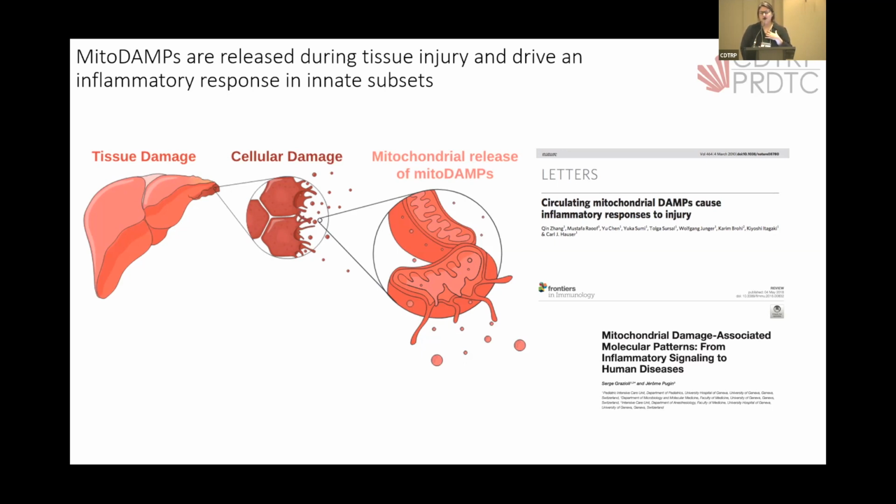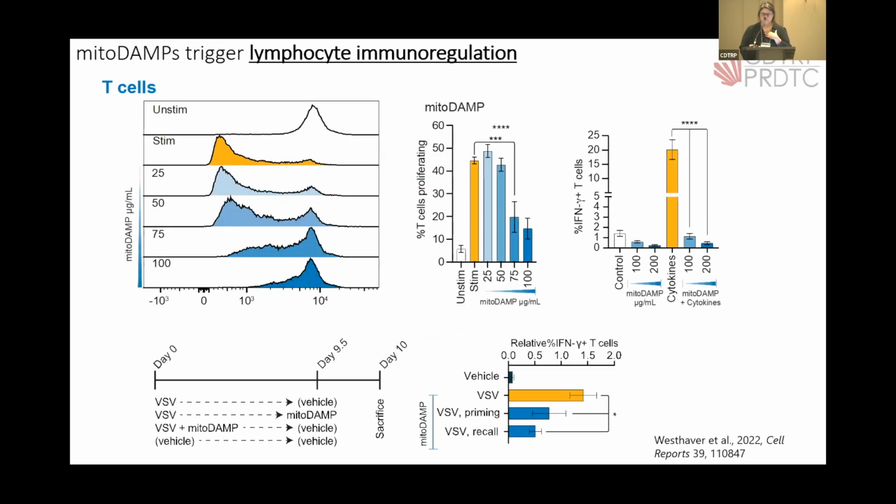What others have shown in the literature is that innate immune subsets like neutrophils are activated and become inflammatory in response to these mitochondrial DAMPs. What I spend a lot of my time thinking about is, conversely, lymphocyte immunoregulation.